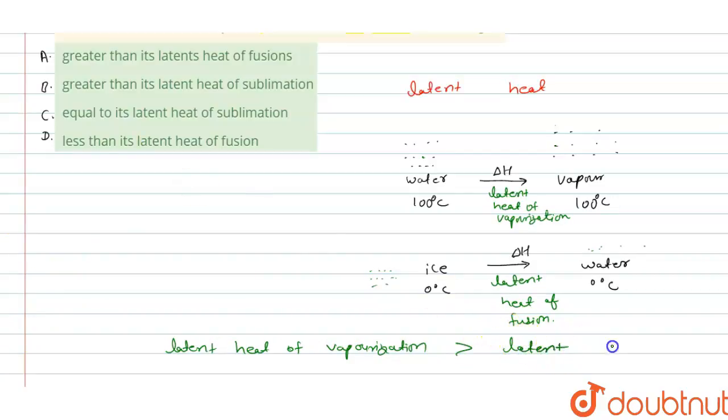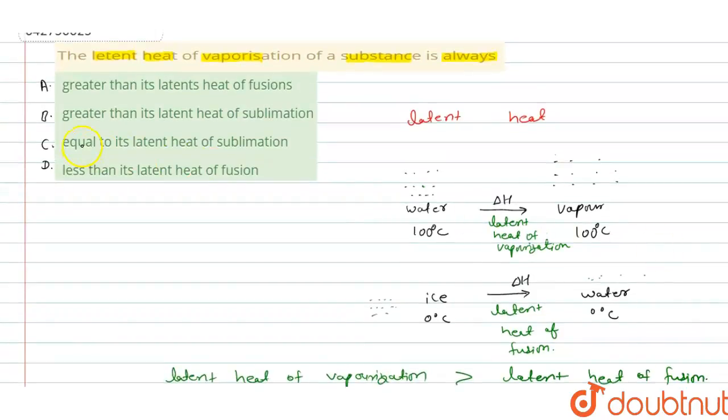So which option can be correct? The latent heat of vaporization of a substance is always greater than its latent heat of fusion. So we can say option A is the correct answer for this question. I hope you understood the solution.